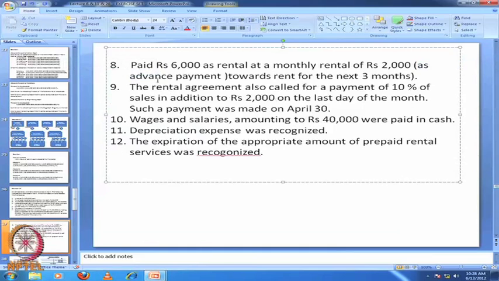The total was advance payment towards the rent for 3 months.